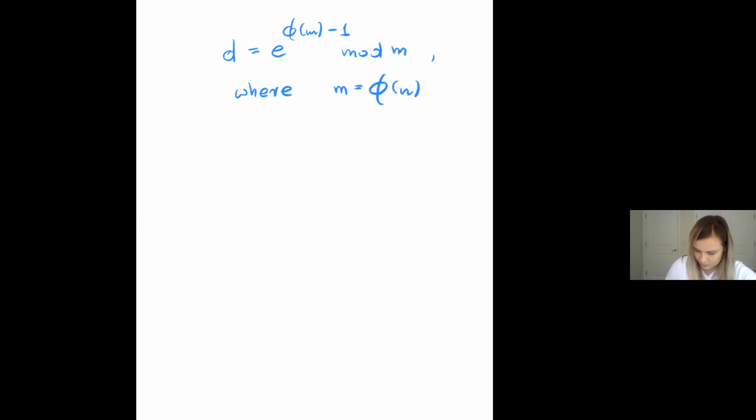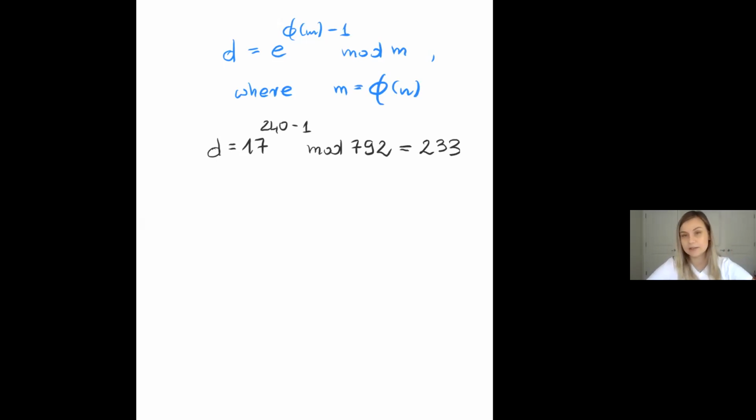Okay, so now we compute. So our d, e was 17, phi of m 240 minus 1 modulo 792. And now if you use a calculator, you will see that that gives us 233. So exactly the same result as before.